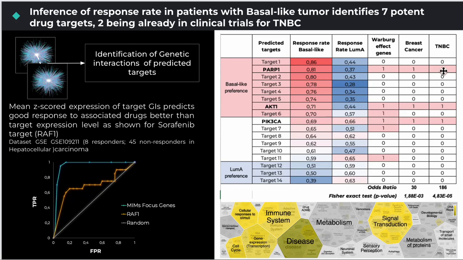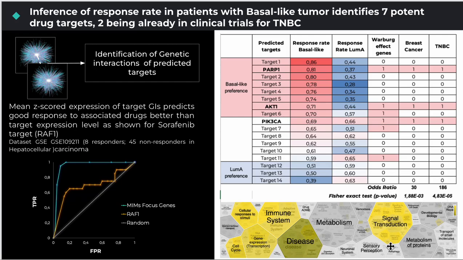And from these, 2 of them are targets that are in clinical development for breast cancer and TNBC, which are PARP1 and AKT1, which actually is highly enriched. And you have here the odds ratio reaching 186 and also the p-value.